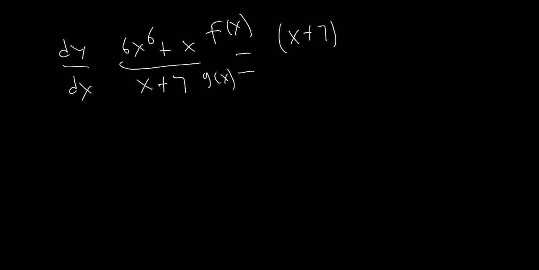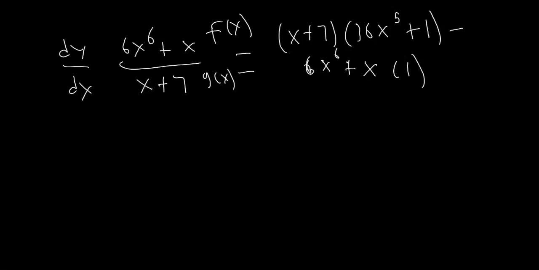So x plus 7 times f prime of x, which is just 6 times x to the 5th power, minus x to the 6th power times 1.